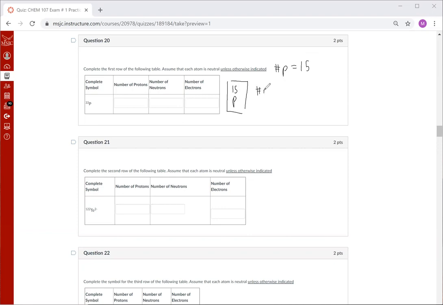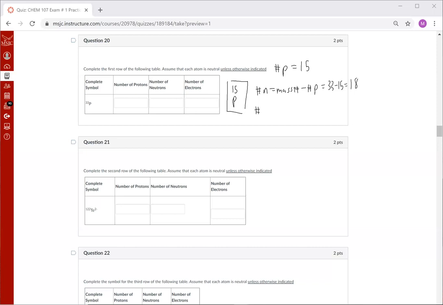Our number of neutrons is equal to the mass number minus the number of protons, which is 33 minus 15, which gives us 18 neutrons. Does this make sense to everyone so far? Is everyone following? Yes. Perfect.